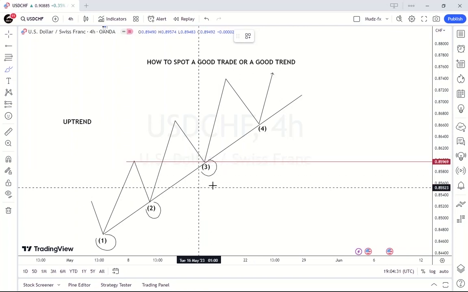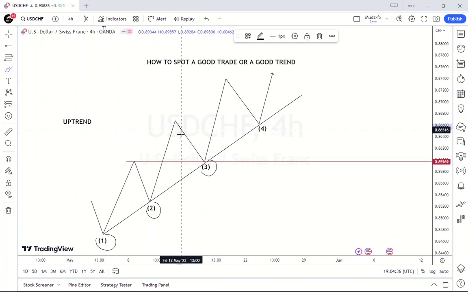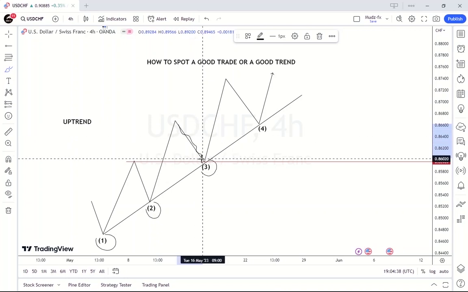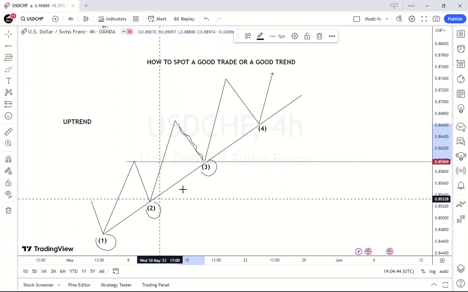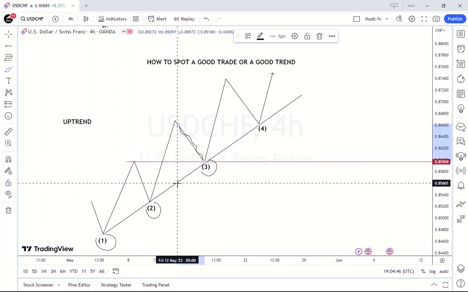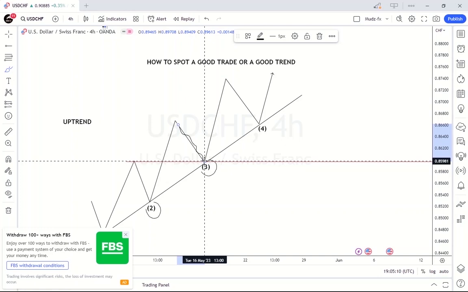So we're still on number 3. On number 3, we waited for the market to make a corrective move, a corrective wave. After it rejects on the trend line, we know that we have a valid uptrend, an ongoing uptrend.